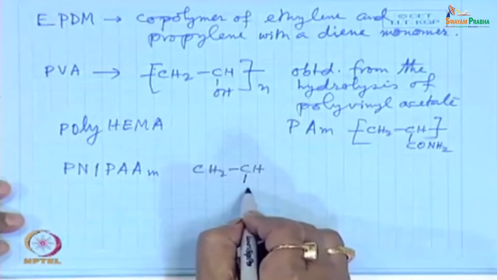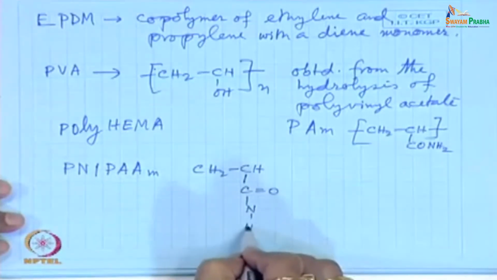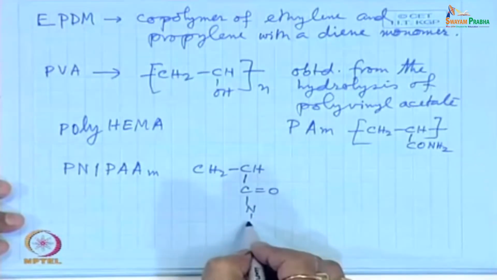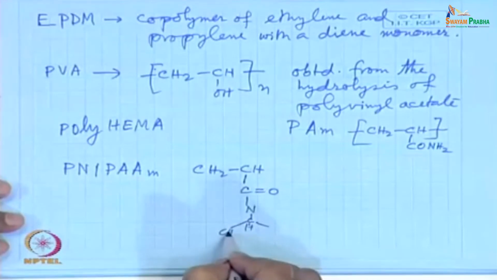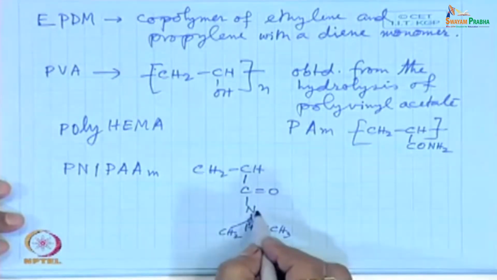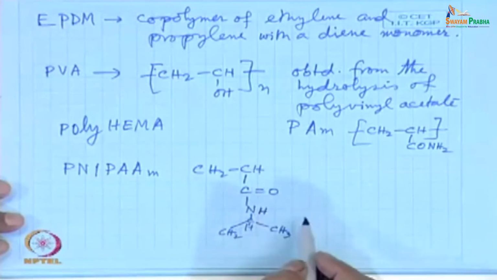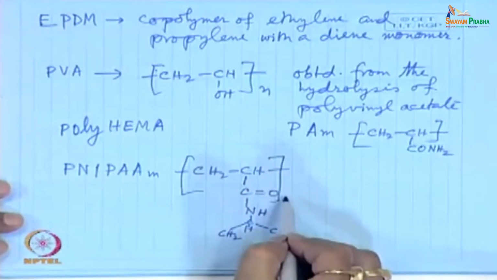N isopropyl means to this give one isopropyl group, one H remains. So, this is actually poly N isopropyl acrylamide.